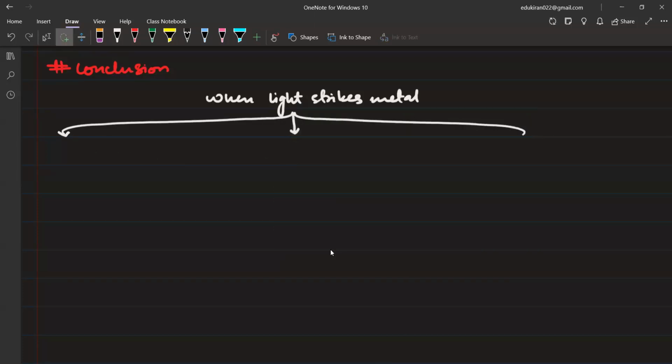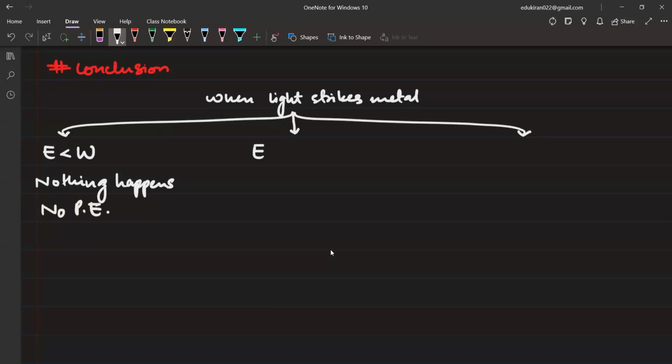What are the three things which can happen? If the given energy is less than the work function, then nothing happens. If the required energy is not met, and we supply less, then nothing is happening. No photoelectric effect.